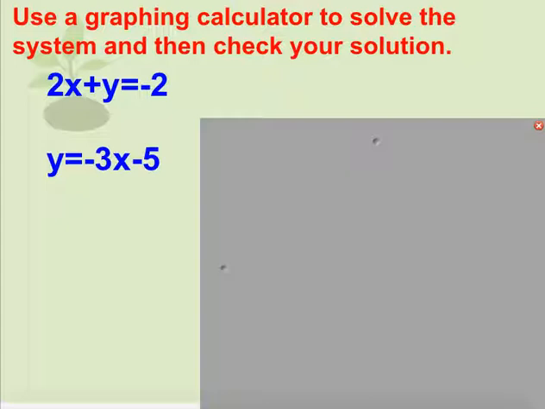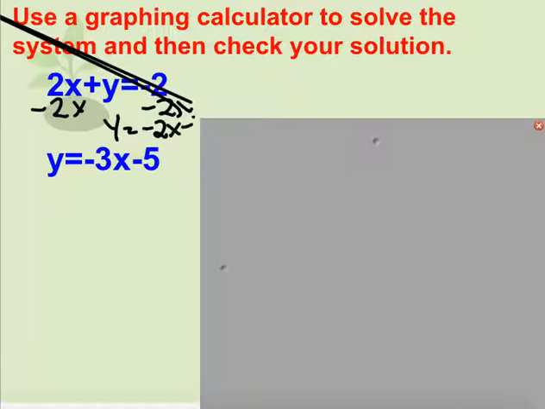Okay. Now, some of these will ask you to use a graphing calculator to try these out. But a graphing calculator needs it in slope-intercept form. So first I'm going to change each of these to slope-intercept form. So we get y is equal to negative 2x minus 2. And we have y equals negative 3x minus 5. So we're going to use a graphing calculator to do each of these.